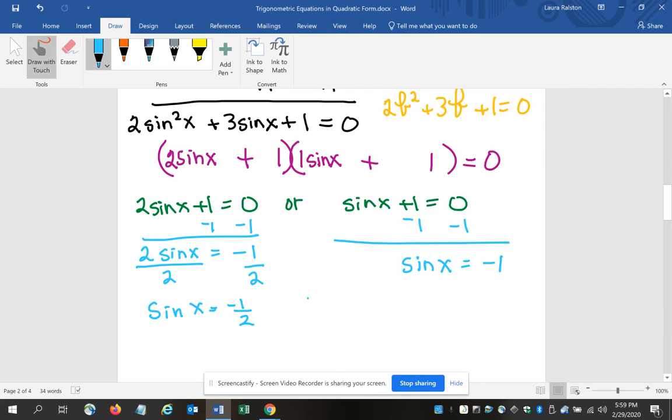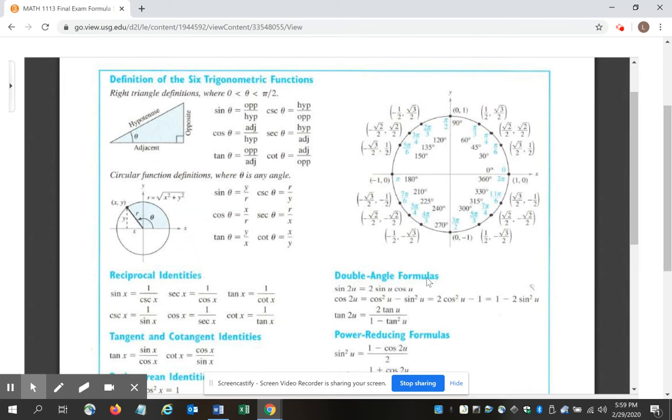Now, here again, you've got to remember that you're trying to figure out where on the unit circle the sine equals -1/2. Okay, so again, you may want to have your unit circle handy. The sine corresponds to the y coordinate of the ordered pair. So I'm going to scan around and see where it's equal to negative 1/2.